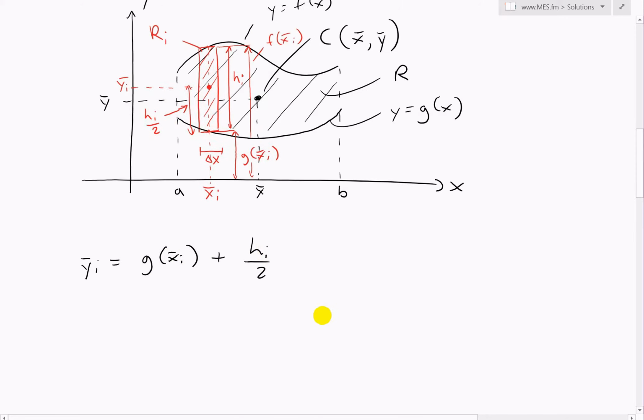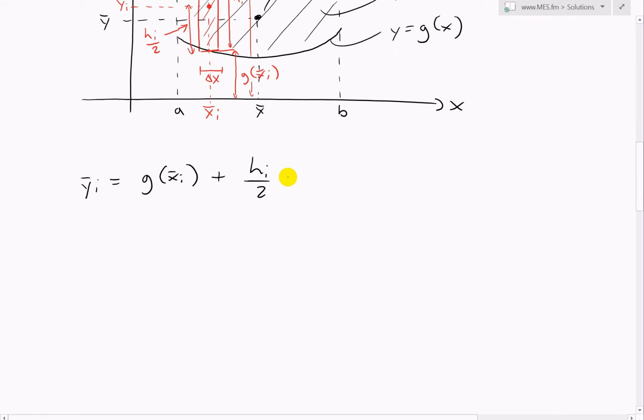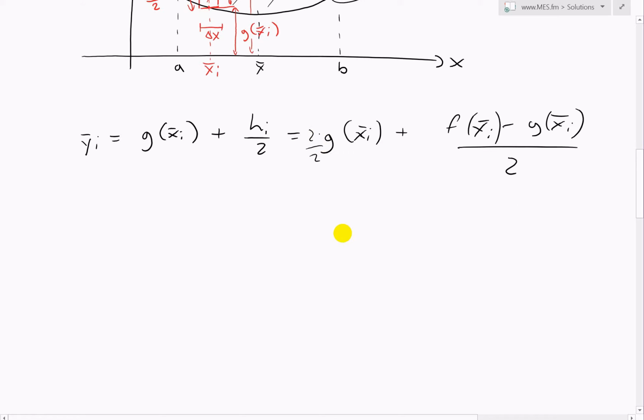And now this h_i, that's just the difference between the top distance minus its g of x. So that just simply equals 2, like that, plus f of x minus g of x, all divided by 2. And now just use a common denominator, times by 2 over 2, and then we get 2g of x minus g of x, that's 1, so that's positive g of x.